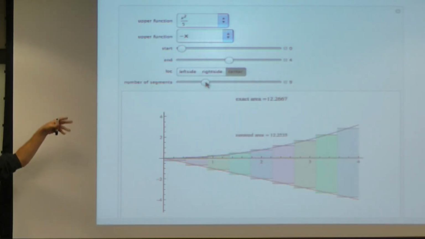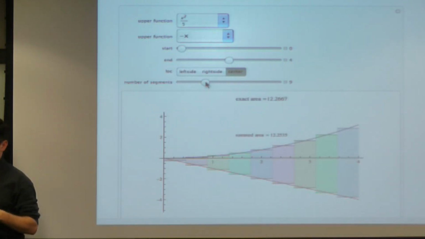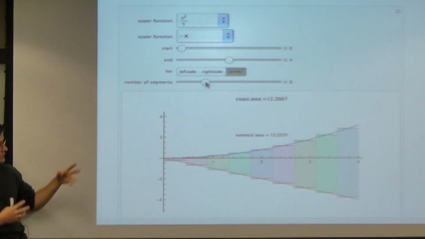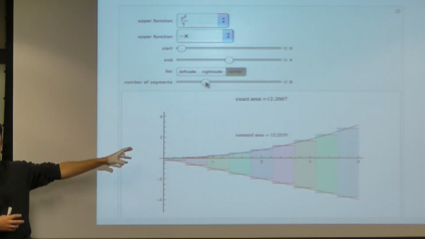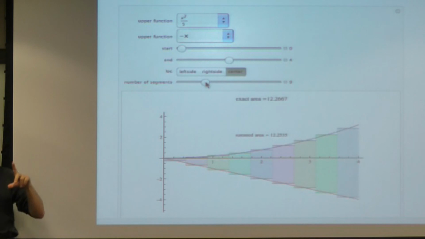So I'm not saying that choosing the center is always great and much better than left hand or right hand. And ultimately we are always looking at the limit. But you can see that this idea of taking limit sometimes depends on technicality, on how you choose those points, how you approximate by rectangles.